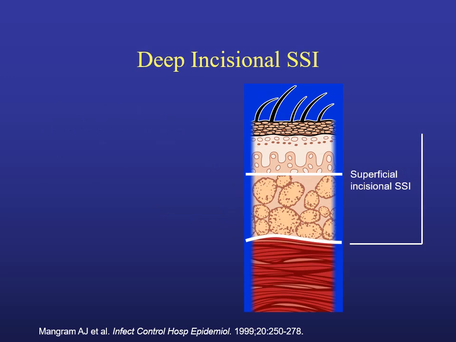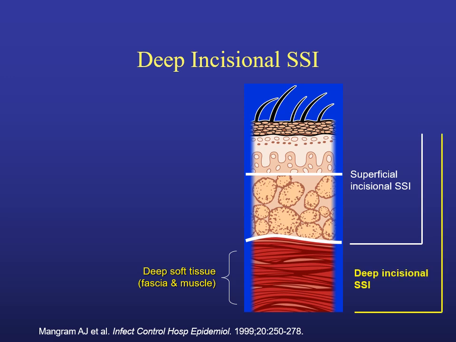Deep incisional surgical site infection happens below the level of the fascia of the muscle. I mean, below the skin and subcutaneous fat, there is the muscle fascia and the underlying muscles. If the infection extends there, this is called deep incisional SSI, or surgical site infection.